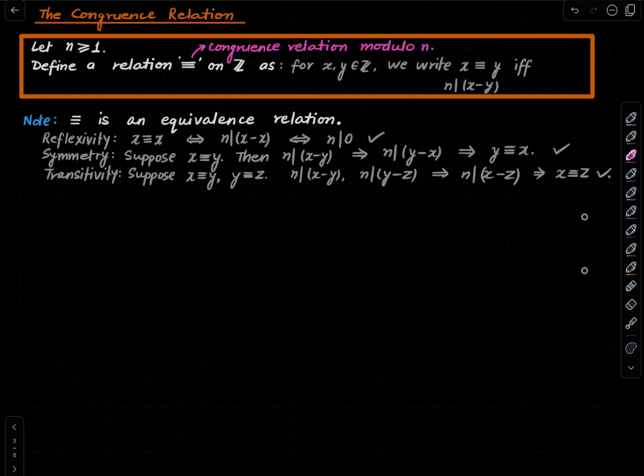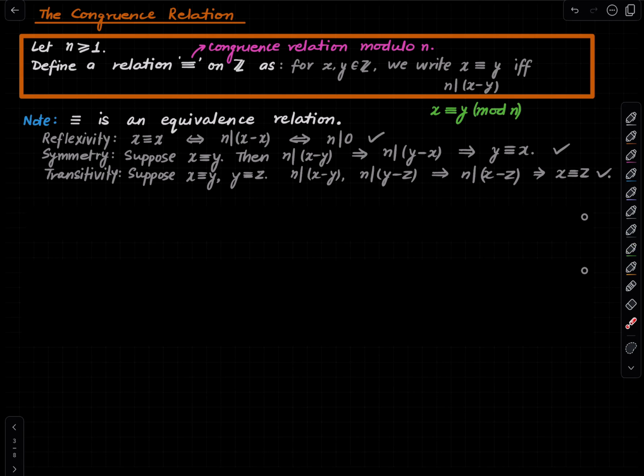Okay. And one more very important point, that instead of writing x congruent to y, instead of just leaving it at that, because this relation is sensitive to n, and in this notation we haven't captured the role of n, this will be written in this fashion.